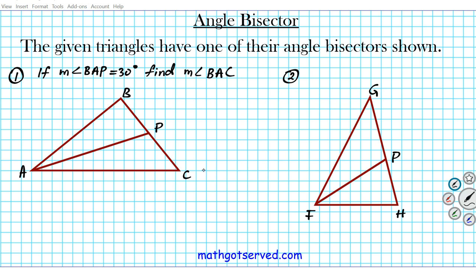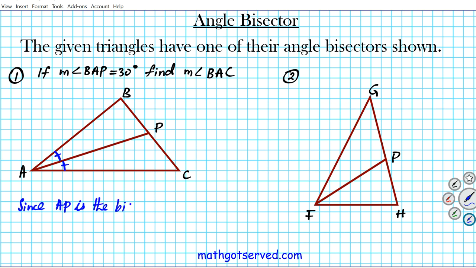In order to find the measure of angle BAC, we need to write down a relationship between angle BAC and this angle that we're given, angle BAP. So let's write down the following statement. Since segment AP is the bisector, what does that tell us?